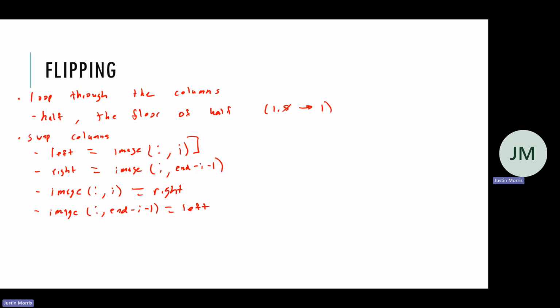And if you're an odd amount, because we take the floor, you leave the center column alone. It does not move. If you're an even amount, everything swaps. So that's flipping. And you would use the same concept for flipping up and down. It's just now you need to swap the rows.